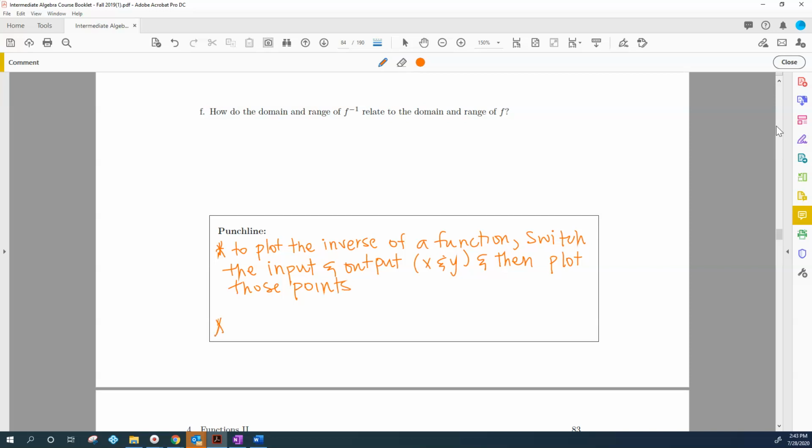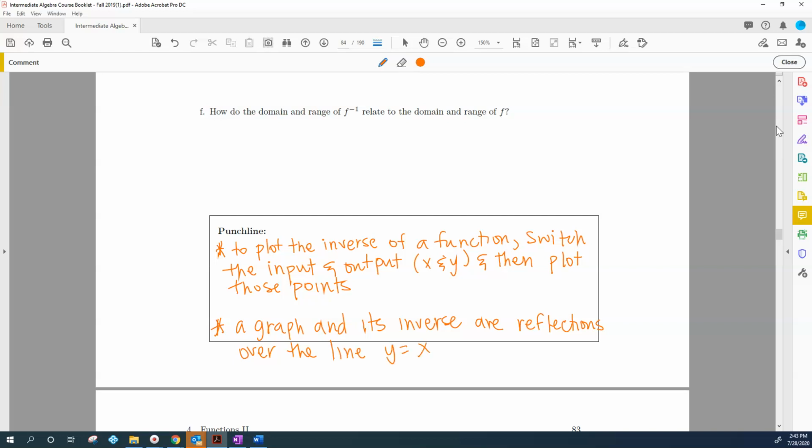Okay, and the other thing that I want to make sure is clear is a graph and its inverse are reflections over the line y equals x.